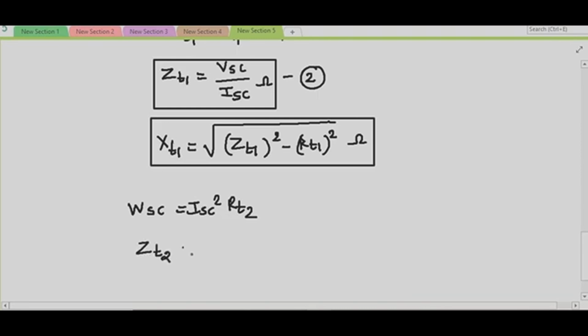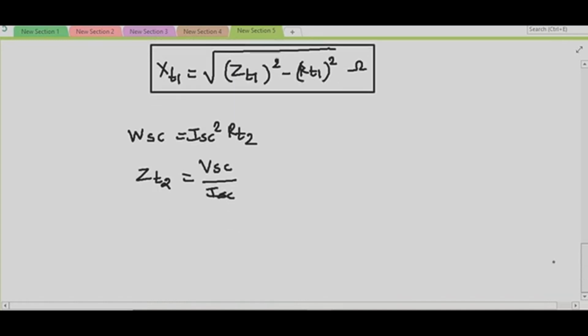Then ZT2 will be VSC upon ISC. Then you can find out XT2 is equal to under root of ZT2 square minus RT2 square.